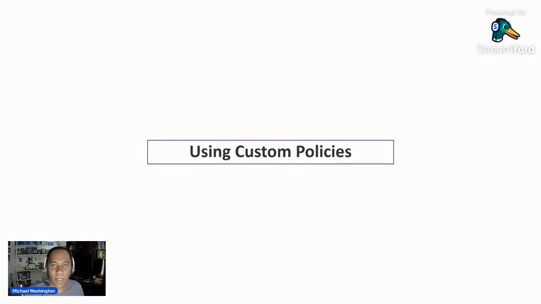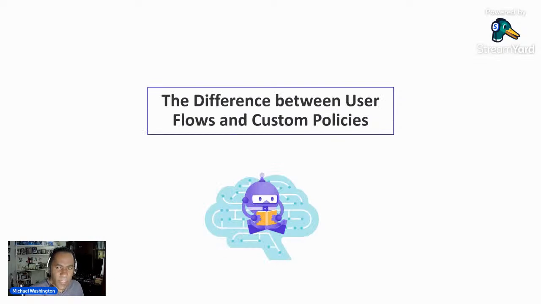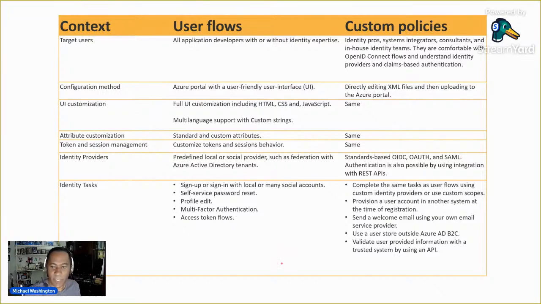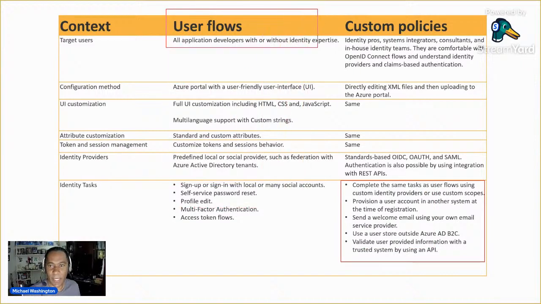Okay, so I just want to have a couple of slides covering custom policies. First, what is the difference between a user flow, which is what we've demonstrated so far, and a custom policy? This slide is kind of big, but the thing that you want to pay attention to is this section here. This is really what the difference is. So you have user flows in this column, and then you have custom policies in this column.